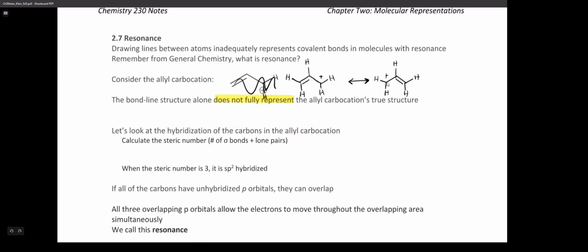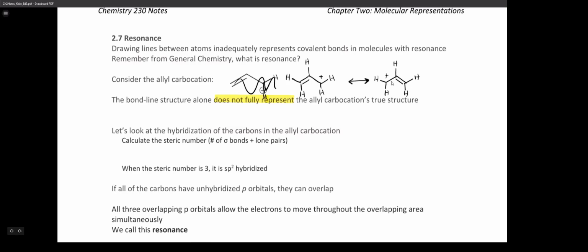How many bonds is the carbon making? 3, so it's still sp2. Good. This carbon is sp2. This carbon is sp2. These 3 are all sp2. This is a very common thing when we have sp or sp2. We don't usually see resonance nearly as often with sp3 unless there are lone pairs.